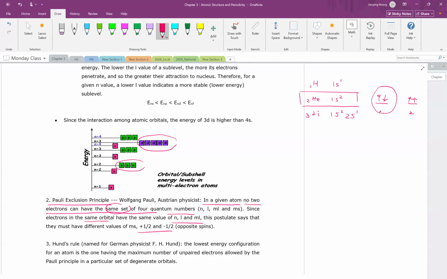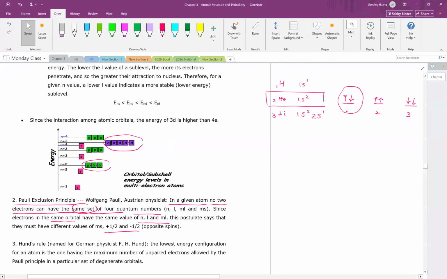They said, in a given atom, no 2 electrons can have the same set of 4 numbers.